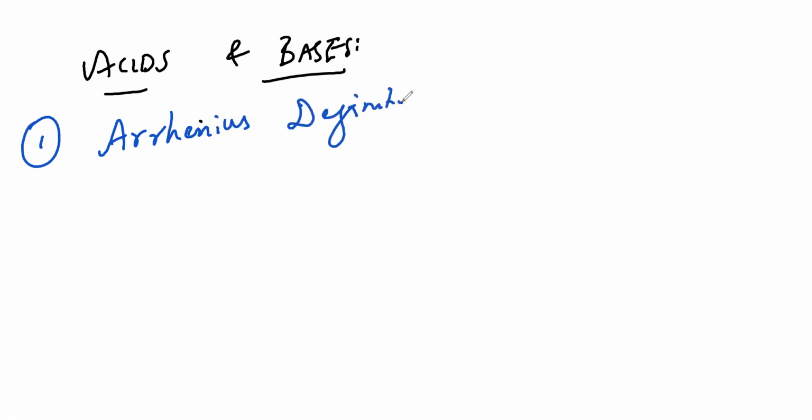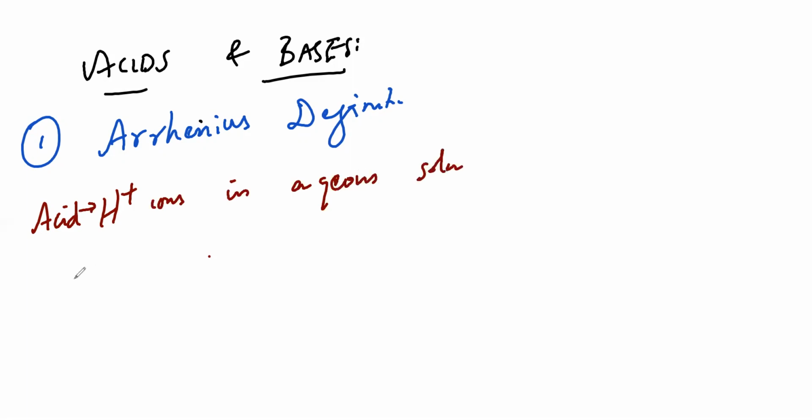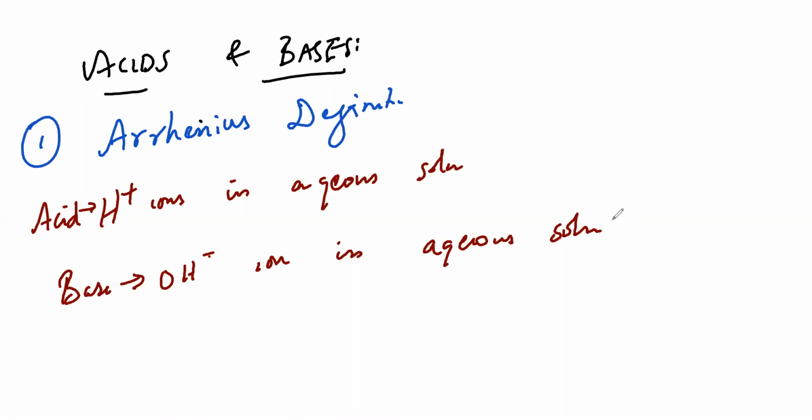We know an acid gives H plus ions in aqueous solution. A base gives OH minus ions. Again, I'm saying this from the basics so that we will know completely what it is. That's it.